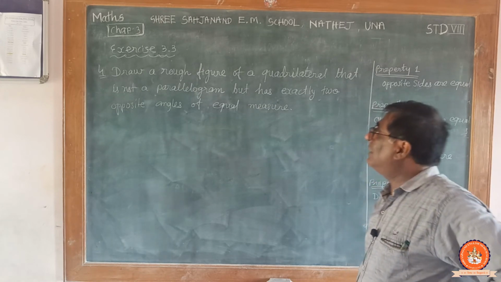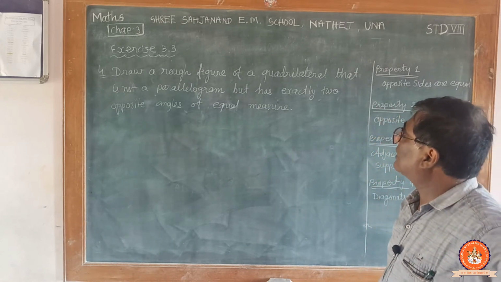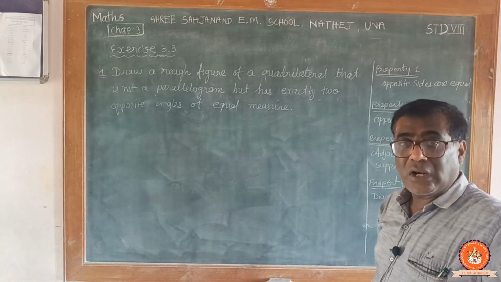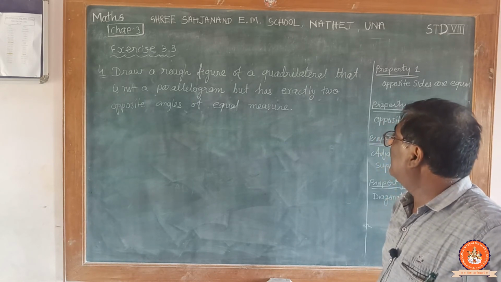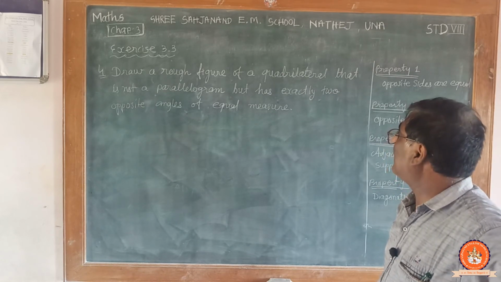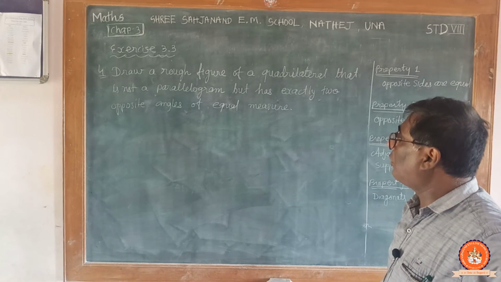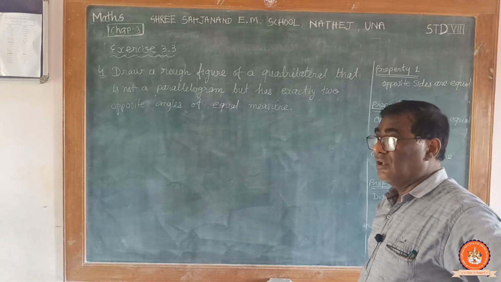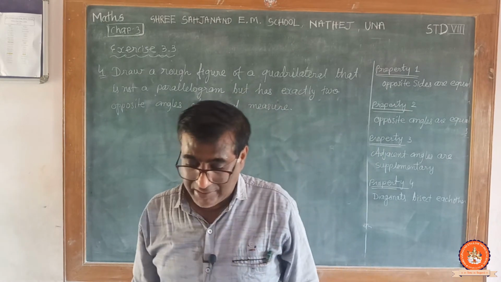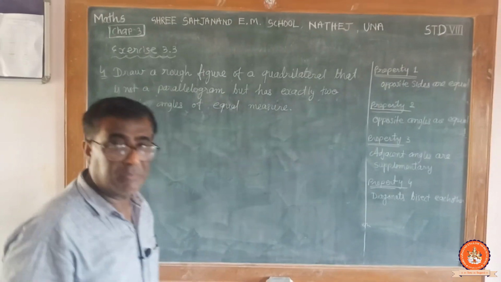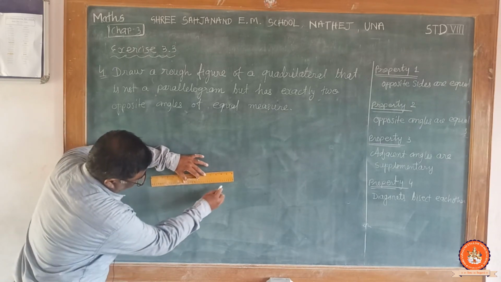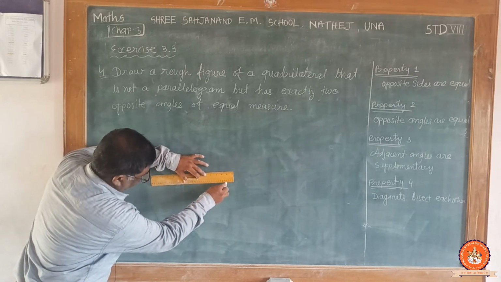So हमें एक रफ फिगर बनानी है क्वाड्रिलेटरल में जो पैरेललोग्राम तो नहीं है लेकिन उसके ऑपोजिट एंगल की एक पैर equal measurement की है. ओके, सो मैं ड्रॉ कर रहा हूँ, एक रफ फिगर बना रहा हूँ. See, look at it, this one.